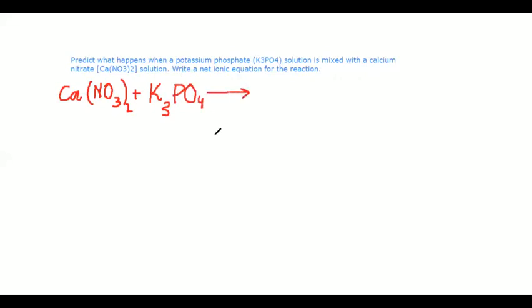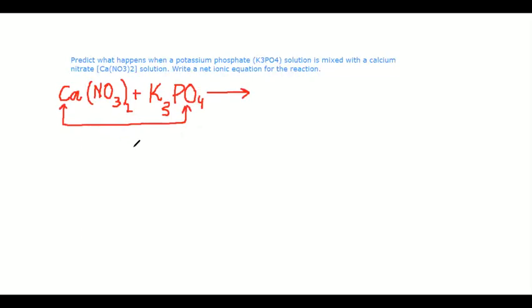Okay, friends, as we had already discussed, positive ions of the first solution, calcium nitrate, attach with negative ion of potassium phosphate. So Ca attaches with PO4.